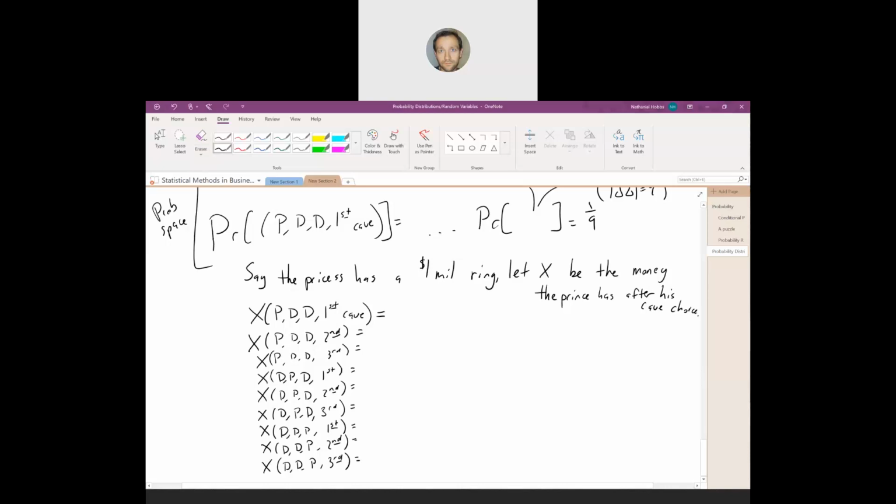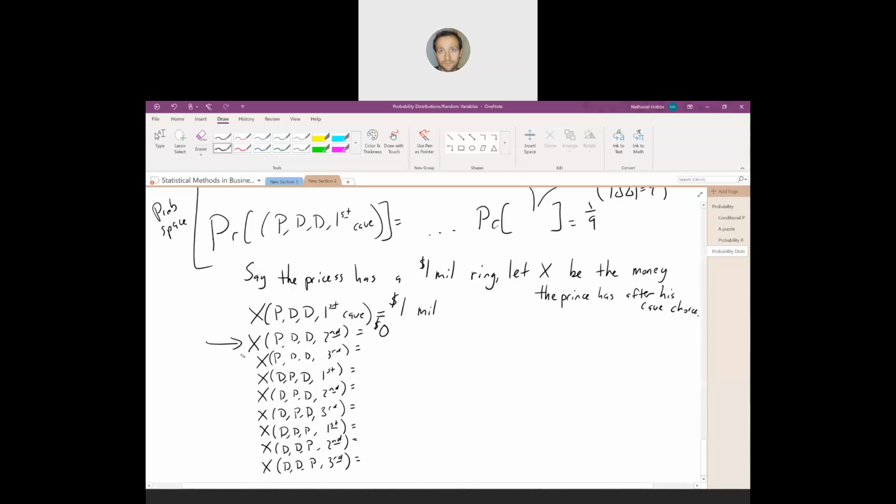Take the first one. Princess, Dragon, Dragon, first cave. Does the prince choose correctly? Yeah, he chose correctly, so he would. Okay. So how much money does he have? He would have $1 million. All right. How about in the second case, this one? He would have the same money he came with. He got $0. Good.